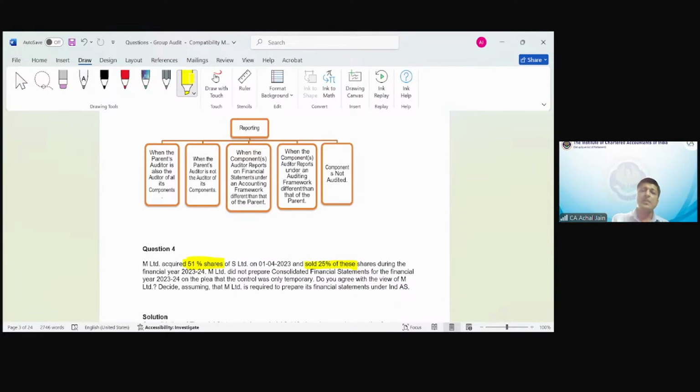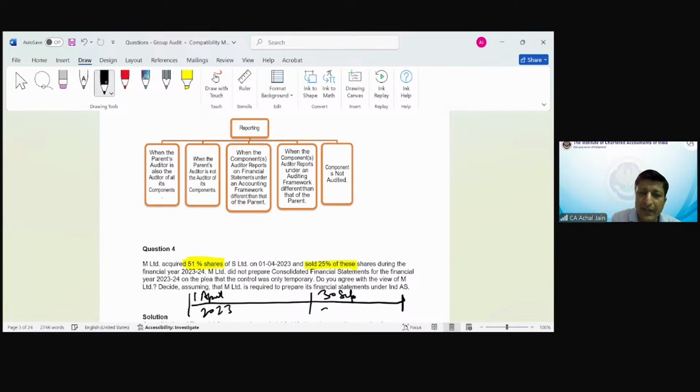But sir, tell me one thing. Let me just pick up the situation of the management. Suppose management has an argument. They are saying, please understand, on 1st April we acquired a company. Let's suppose within 6 months, on 30th September, we sold the company.